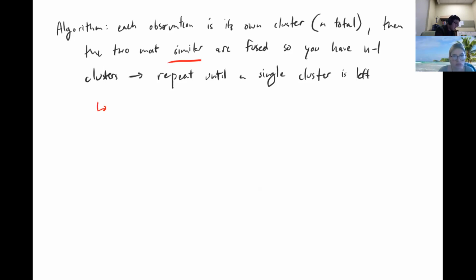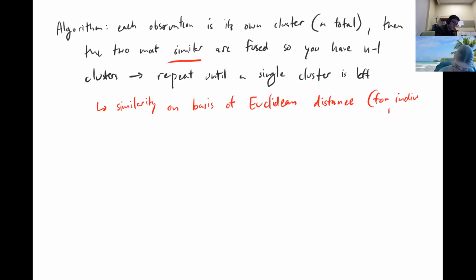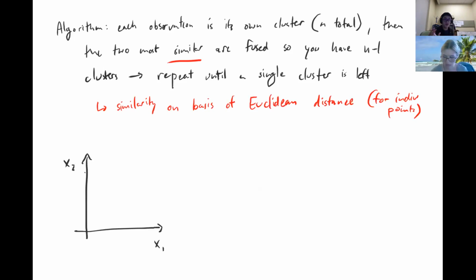So there are a couple ways we can do this. Similarity on the basis of Euclidean distance. And this works for individual points. Okay, so if I were to do a graph, and remember, just to reiterate, this is all unsupervised learning, so we have no response variables.